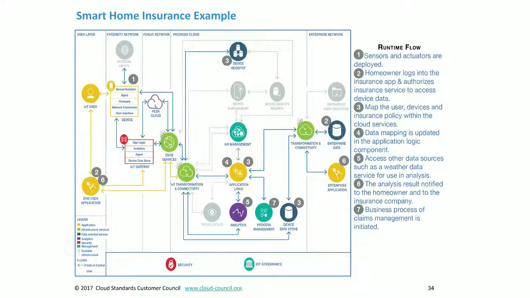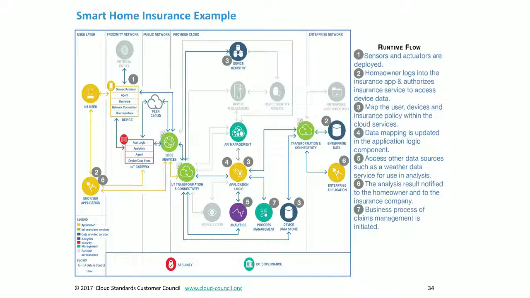For example, you might be using video surveillance, or you might be using smoke detector, or any other kind of sensor. But I will stay with the water leakage situation to explain this. So that's the first thing you do. You purchase the sensors or actuators and deploy inside your home.